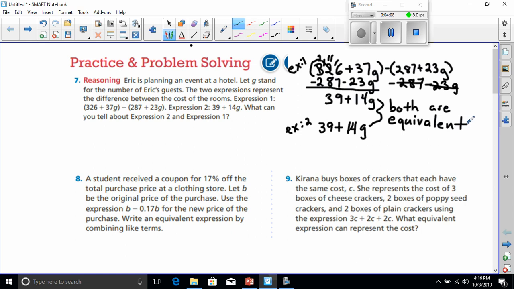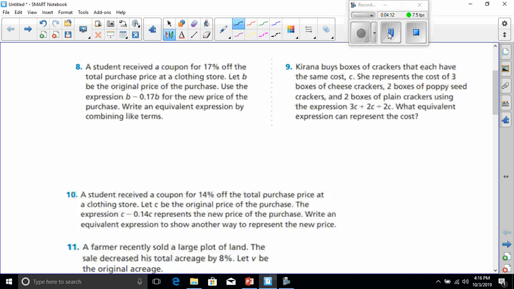All right. Let's go to number 9 now. Number 9 says, Kiriana buys boxes of crackers that each have the same cost, C. She represents the cost of 3 boxes of cheese crackers, 2 boxes of poppy seed crackers, and 2 boxes of plain crackers using the expression 3C plus 2C plus 2C.